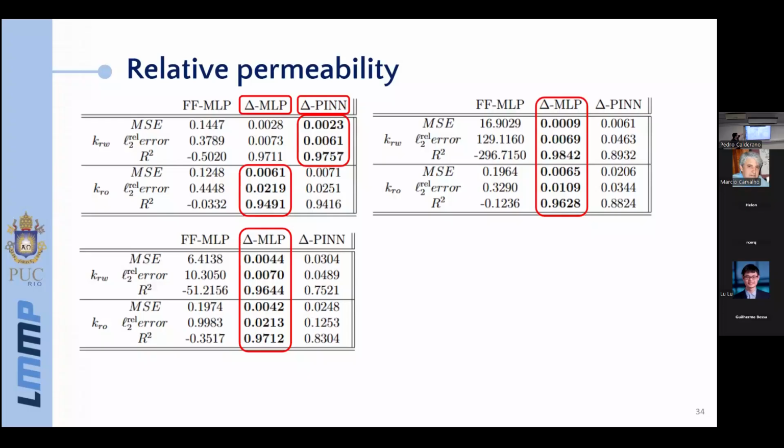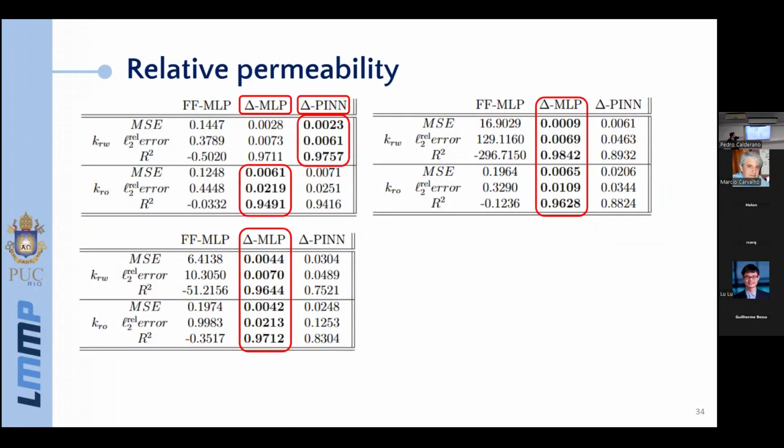So for geometry 1, considering the relative permeability of water, the delta PINN had the best performance. Then for the relative permeability of the oil for geometry 1, the delta MLP outperforms delta PINN.